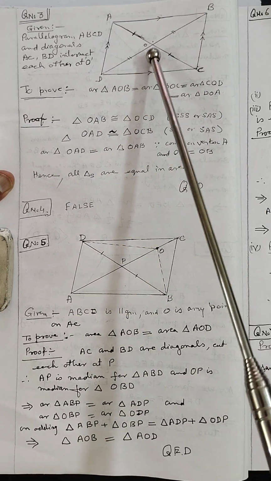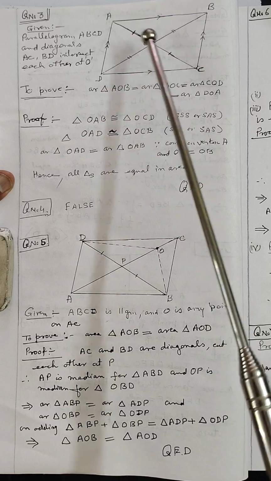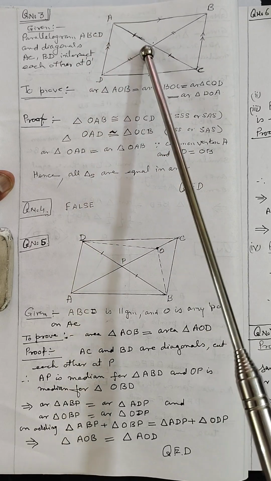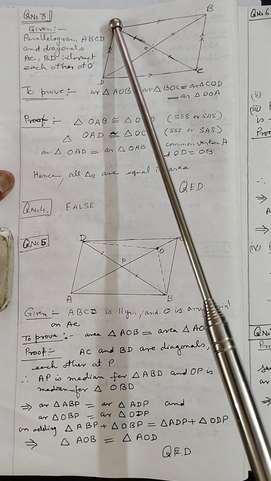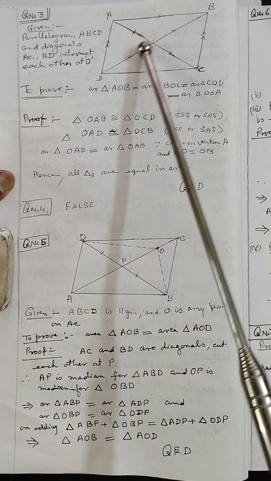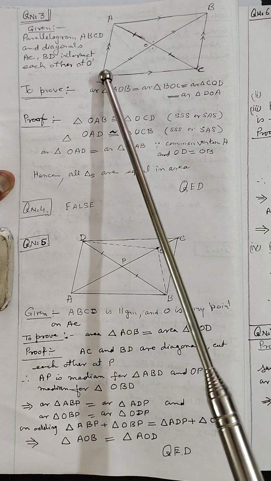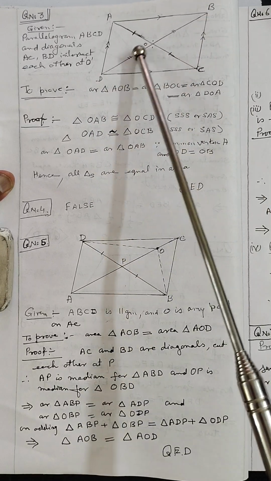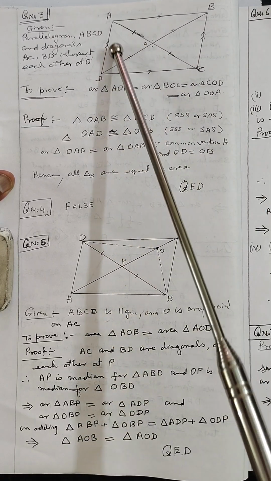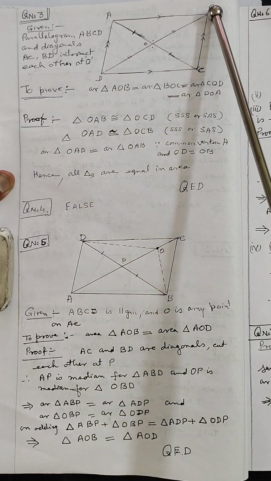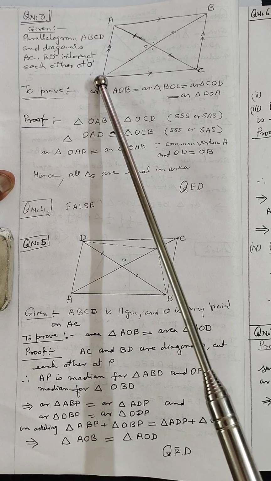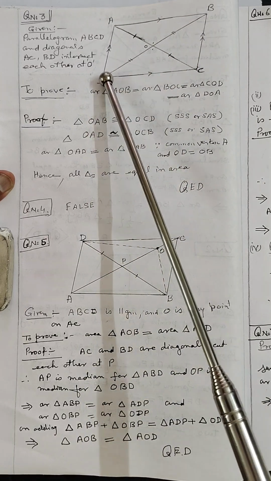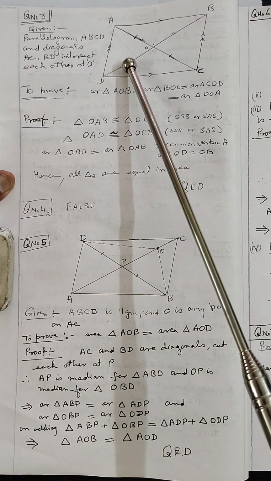These two triangles OAD and OAB have got the same common vertex and their bases are equal. OD is equal to OB. So their bases are equal and these bases are on the same straight line, BOD is a collinear point.